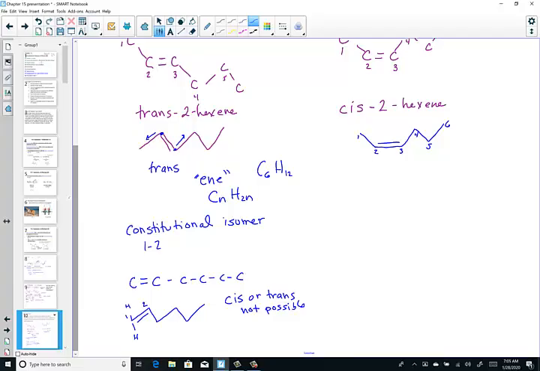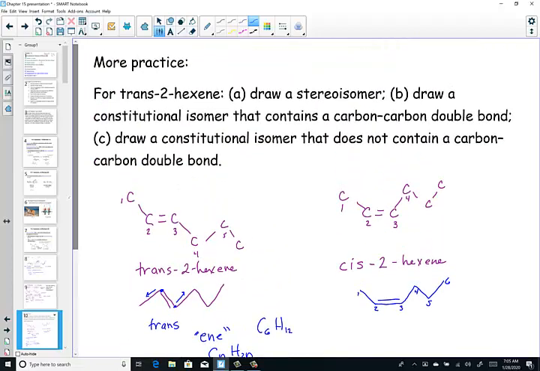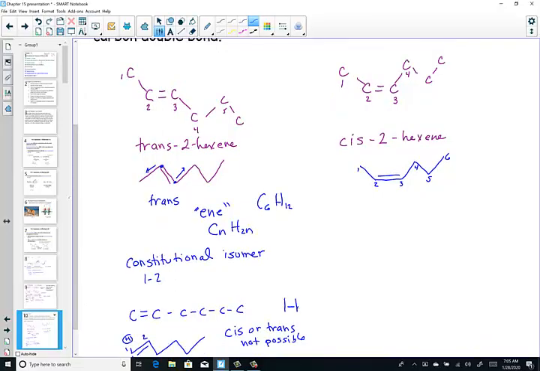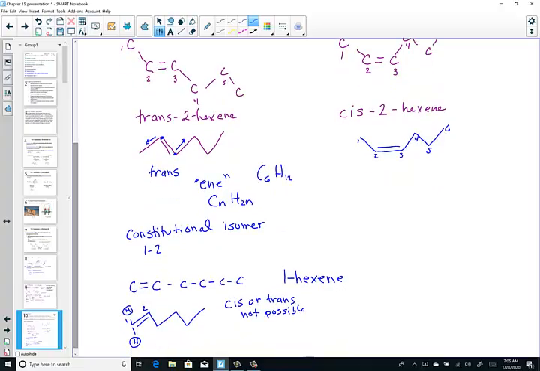There's 2 hydrogens coming off of that terminal carbon, and since they are identical atoms, it's not possible to have cis-trans configuration. But that's absolutely okay because we're just asked to draw a constitutional isomer. This meets that criteria. 1-hexene is a constitutional isomer of the trans or cis 2-hexene.